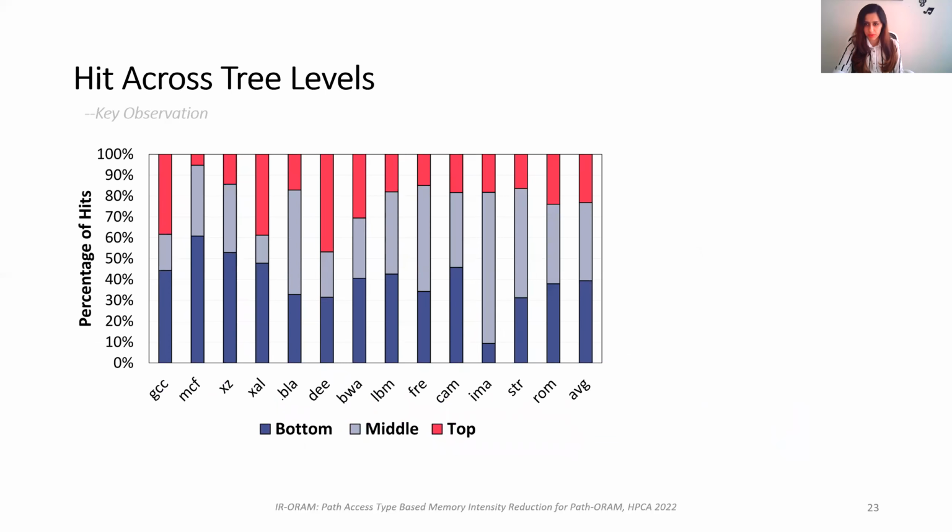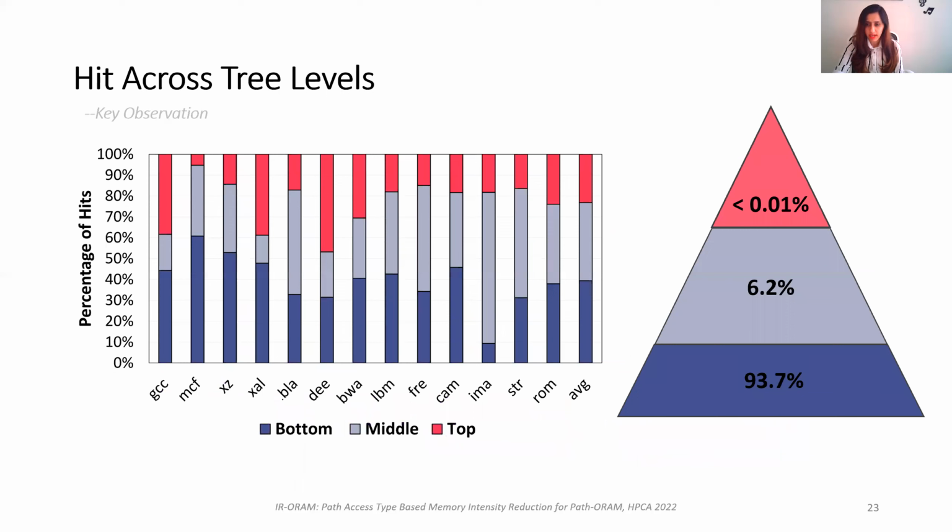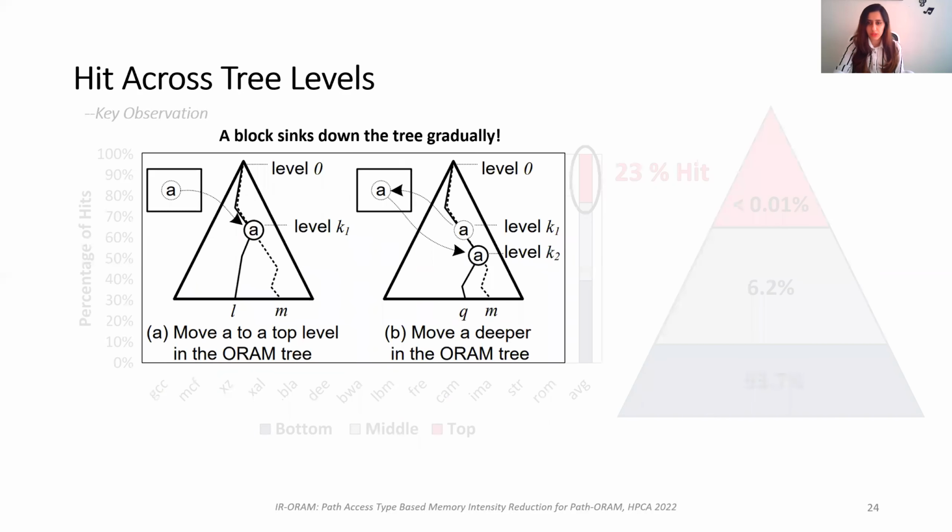Here's another key observation. It's regarding the heat across the 3 levels. The figure shows what percentage of requested blocks are found in the 3 regions. The top 10 levels account for less than 1% of the capacity, yet they receive 23% of hits. Here is why.